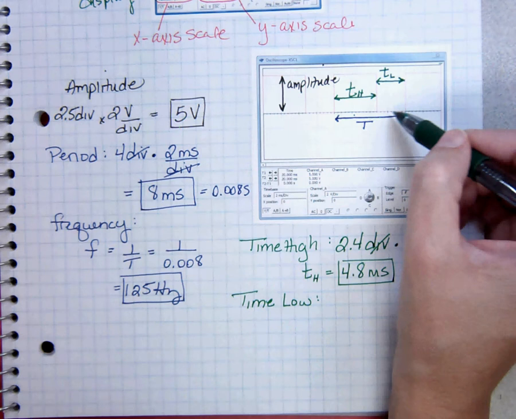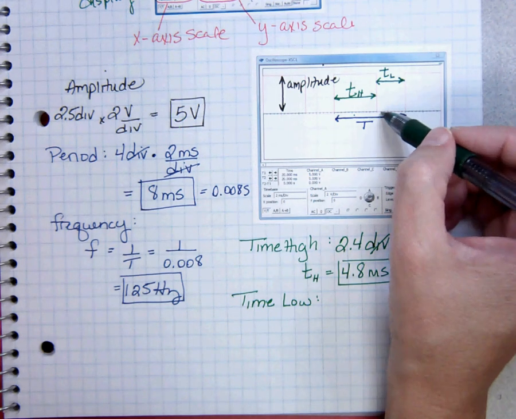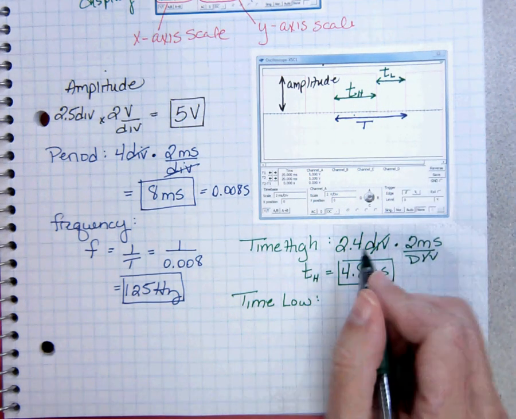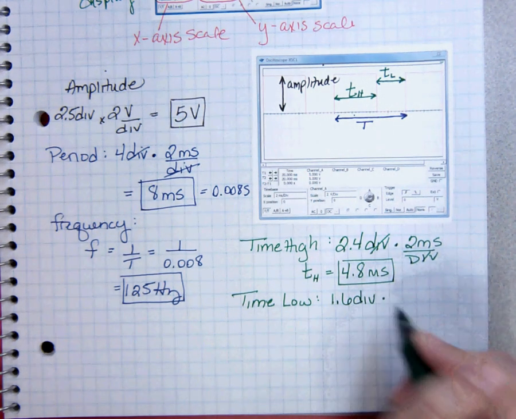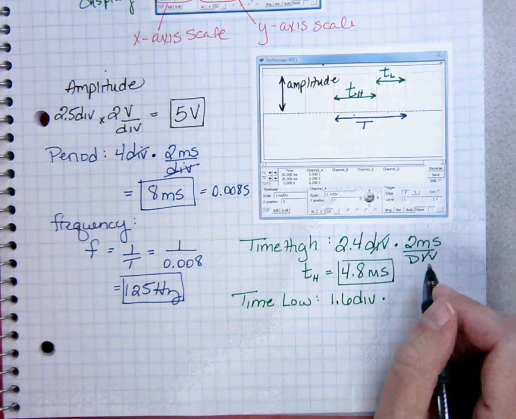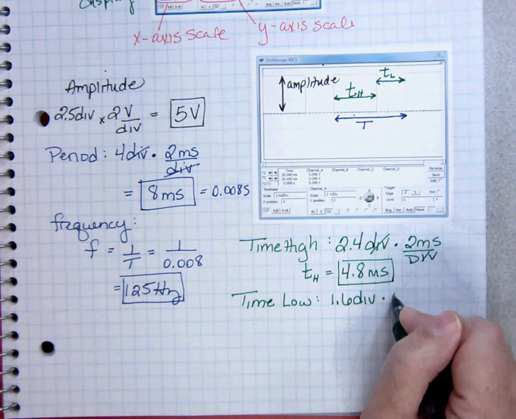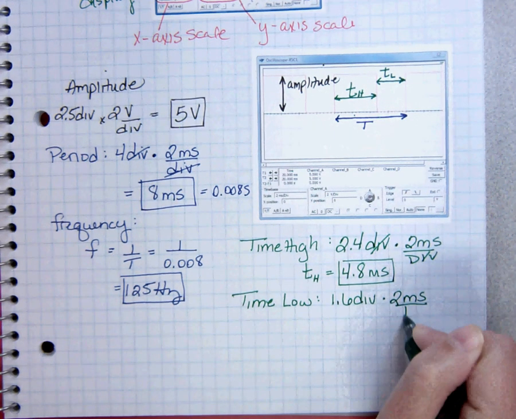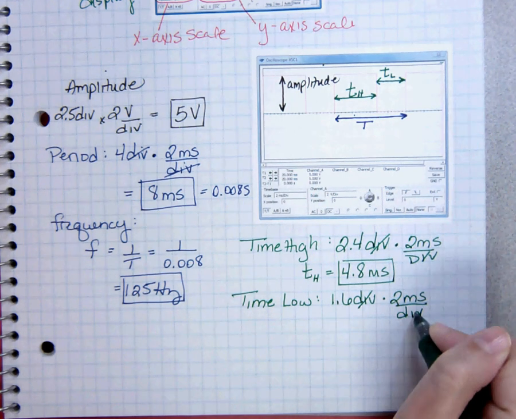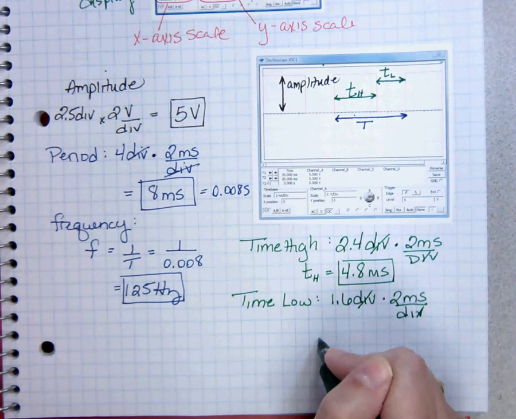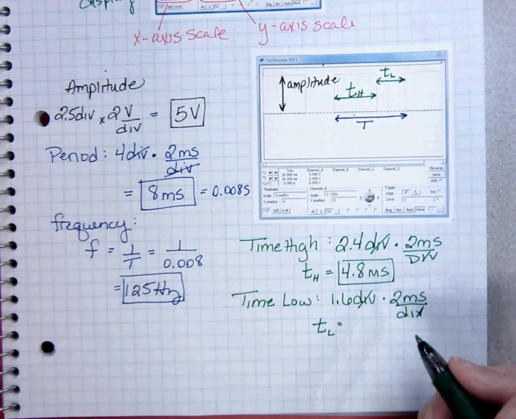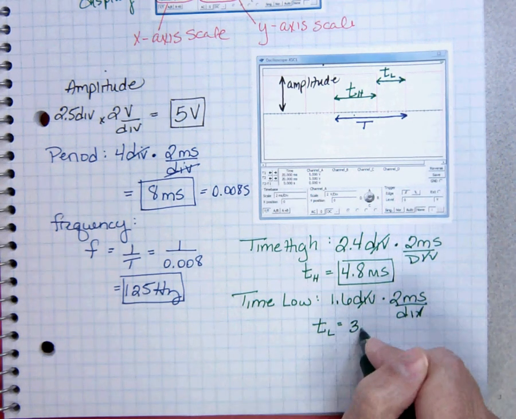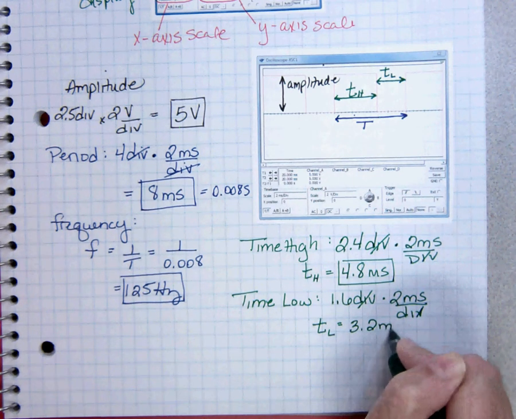I've got 1 full division plus 0.2, 0.4, 0.6, so 1.6 divisions times, again, my x-axis scale, 2 milliseconds per division. So my time low is 1.6 times 2, or 3.2 milliseconds.